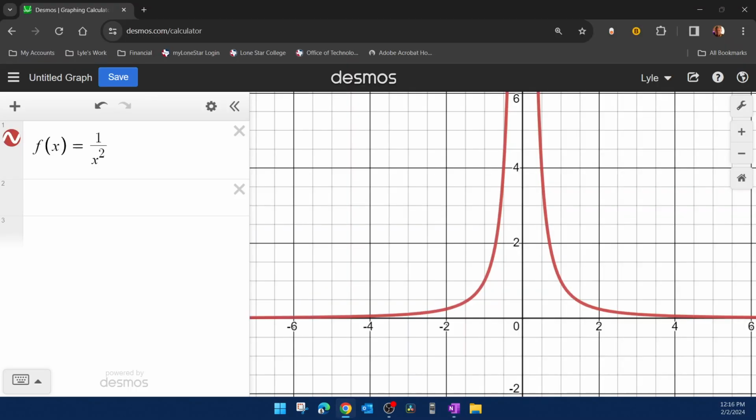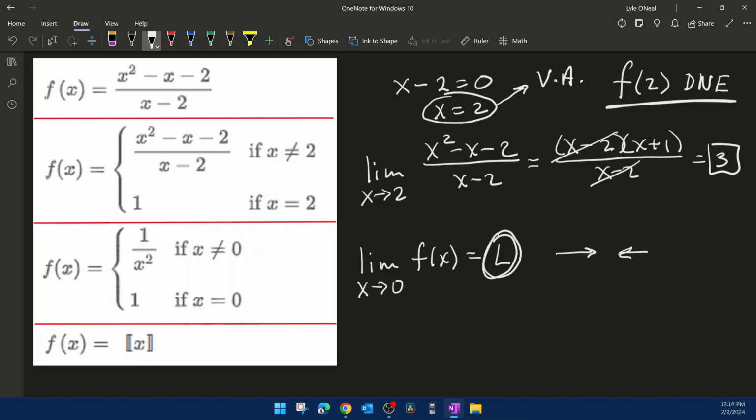The easiest way to do that here is with Desmos. Notice that as we approach 0 from the left and the right, the y values are just getting infinitely high. So this limit is infinity because we do approach positive infinity from both sides, but infinity is not a number, and so technically this limit does not exist.